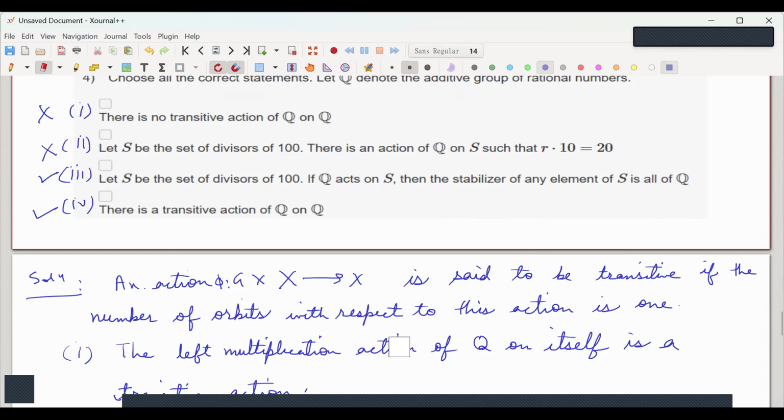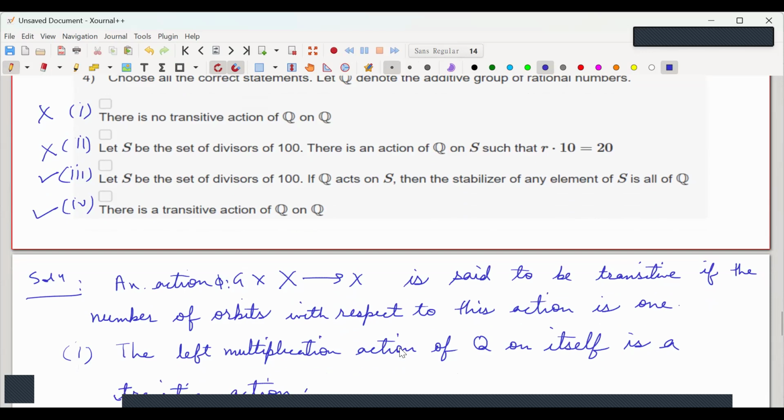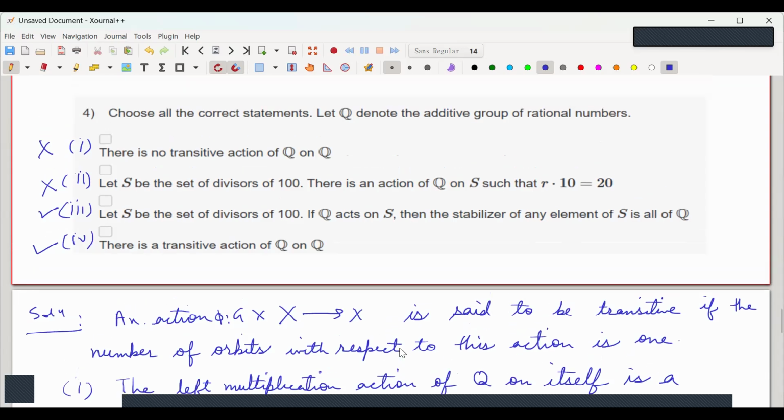This part I'm leaving with some hints because this seems to be a bit involving, and I have given you enough hint to just go and revisit. You just need to check what the possibilities are for subgroups of Q, right?